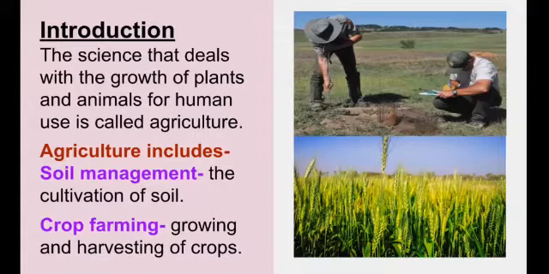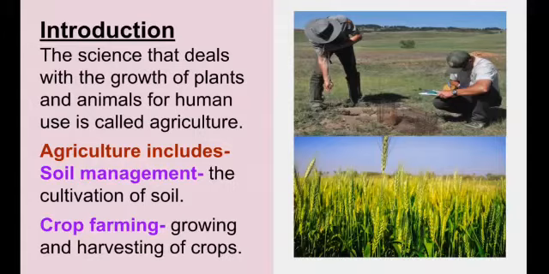Because there are a lot of people, all of them need food, and we have to cultivate food for them, especially to cater to the needs of so many people. There is a very high demand. So let us clarify some basic terminology before we proceed to the lesson.